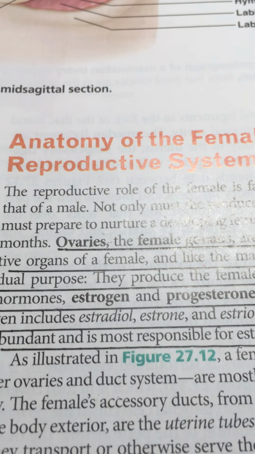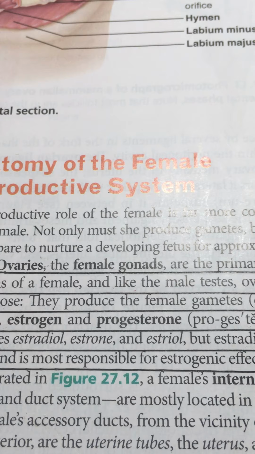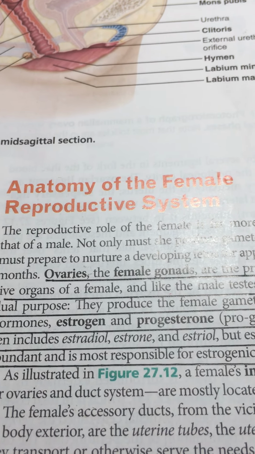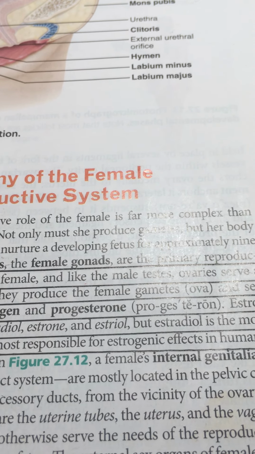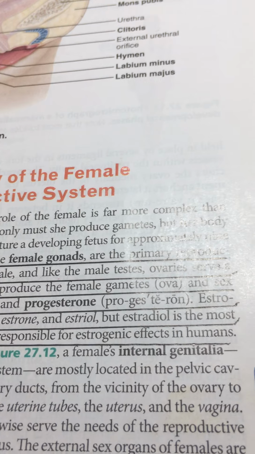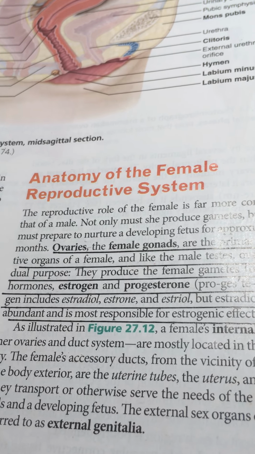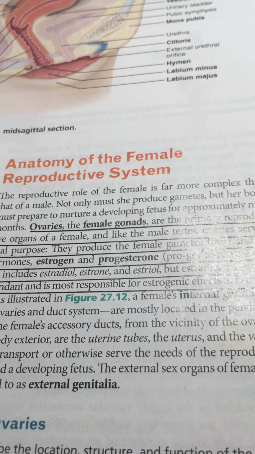So we're beginning here with the ovaries, which are the female gonads, the primary reproductive organs of the female. Like the male testes, which are, of course, homologous with female ovaries, they serve the dual purpose of providing both hormones and gametes.